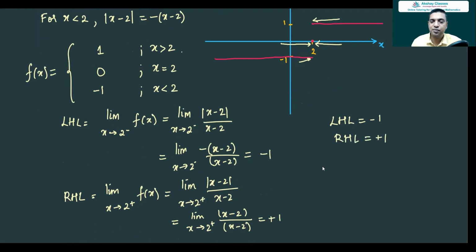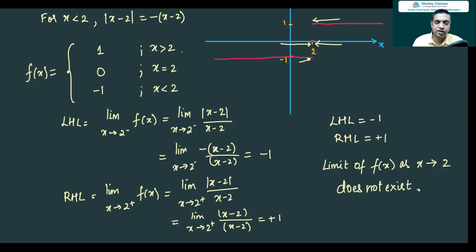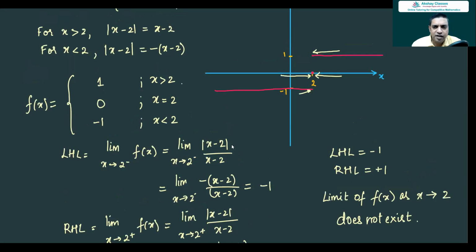So in this case, we say the limit of f as x tends to 2 does not exist. It does not exist. Clear? So this is the fundamental concept.